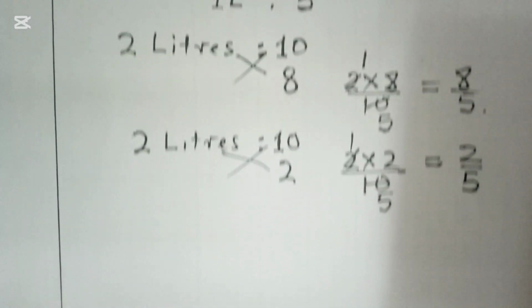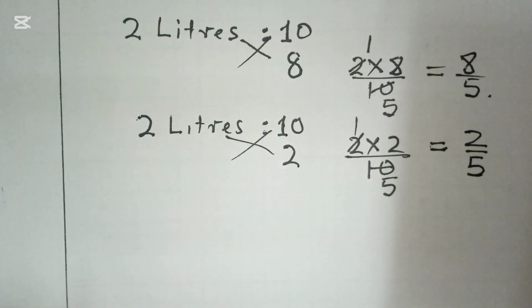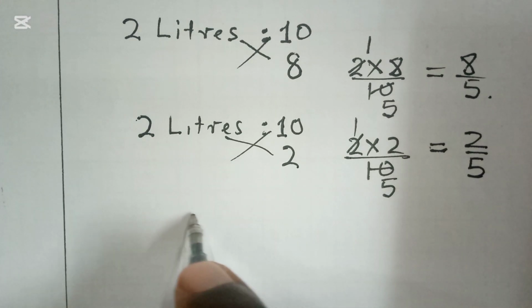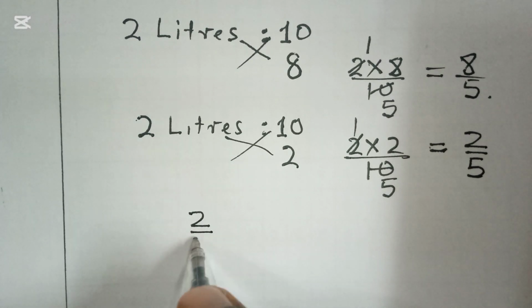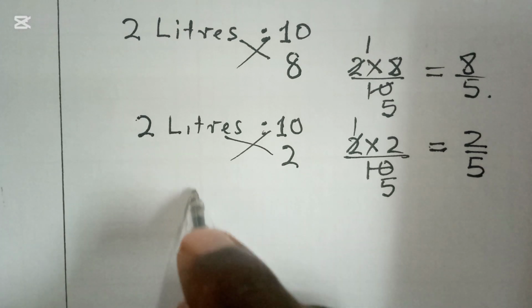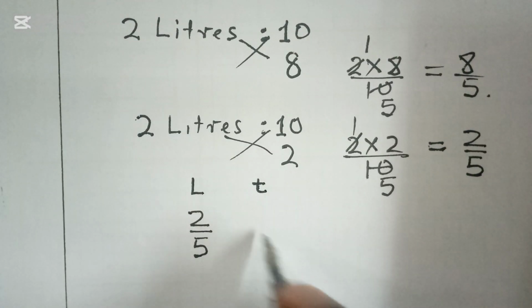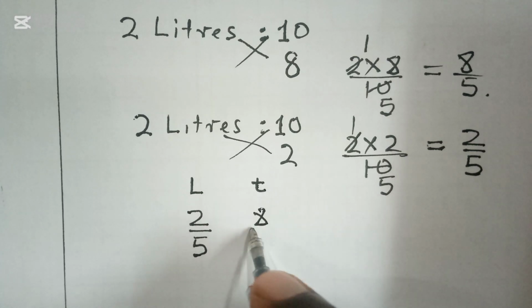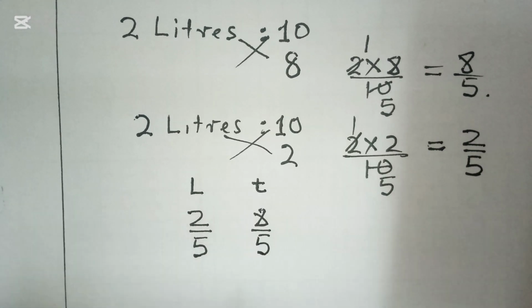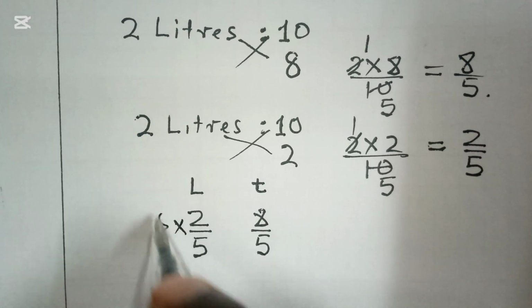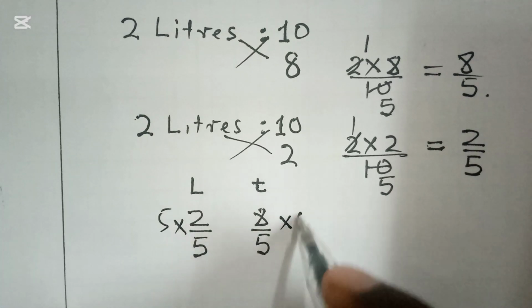So guys, when we now come to write the ratio of liquor to thinner, we shall have liquor is 2 all over 5, and thinner is 8 all over 5. Guys, we can multiply by 5 here. We multiply by 5 here.